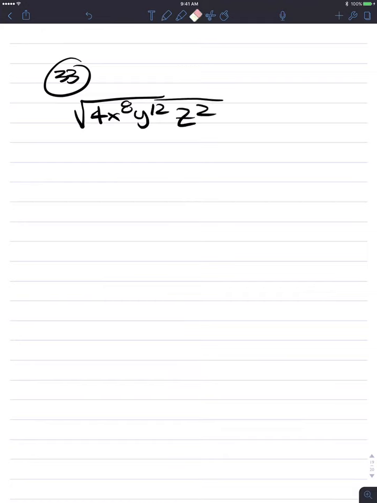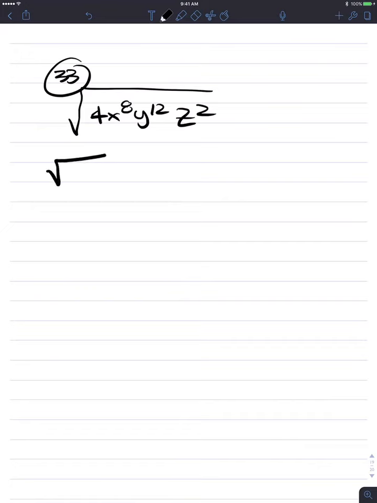Number 33. Square root of 4 x to the 8th, y to the 12th, and z to the second power. It's yet again a continuation of the concept of we can generalize the product rule.